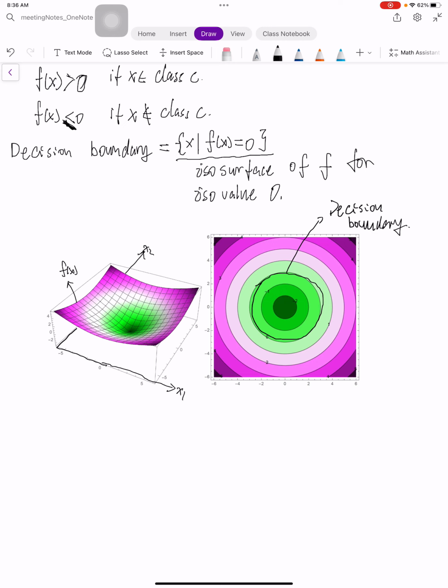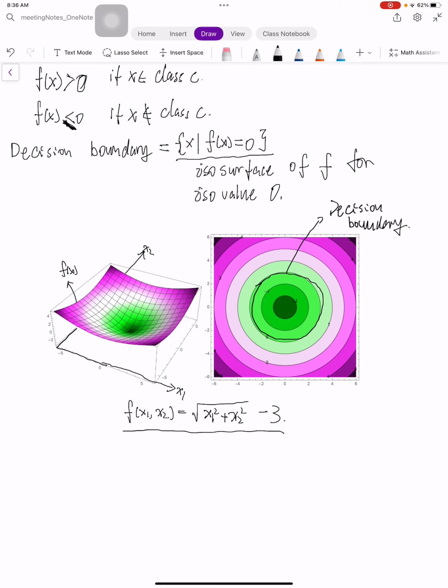This function is just a very simple function: f(x1, x2) equals the square root of x1 squared plus x2 squared, minus 3.